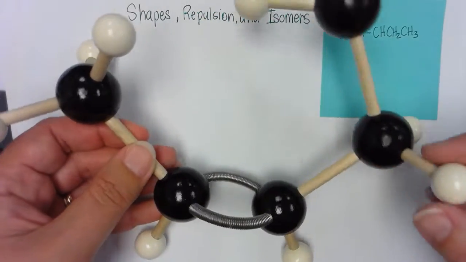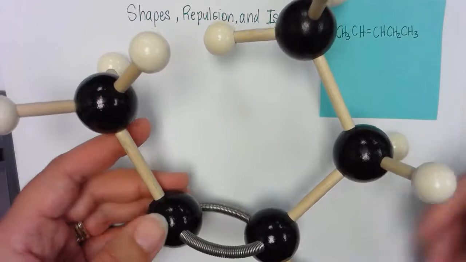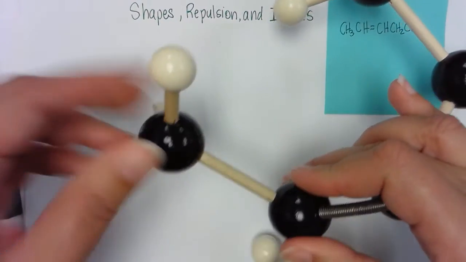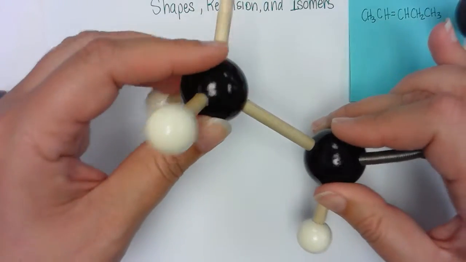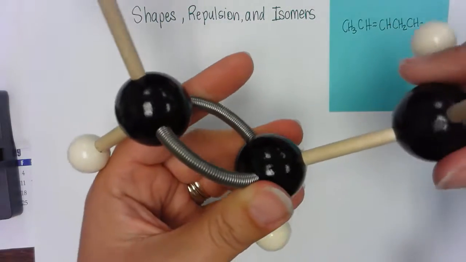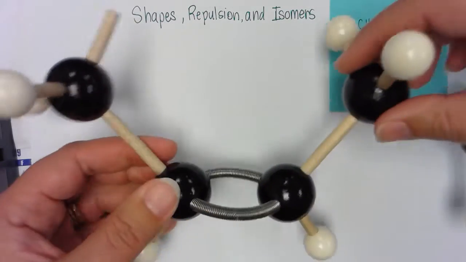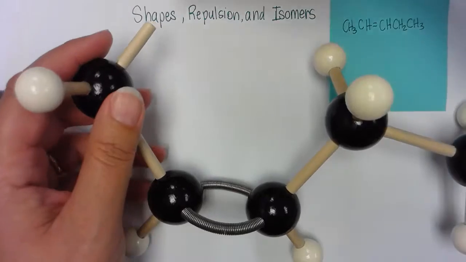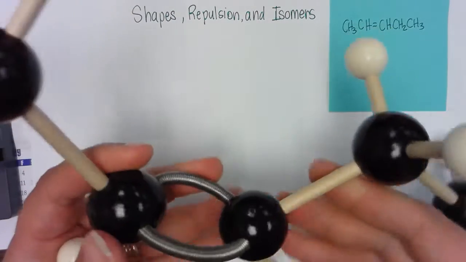And so what's happened is this has taken on a 3-dimensional shape. Now this molecule, whoops, lost the hydrogen. This molecule can spin around the axis of this single bond, and these can spin around the axis of the single bond. So they will orient themselves in a way that they are not going to be repelling as much.